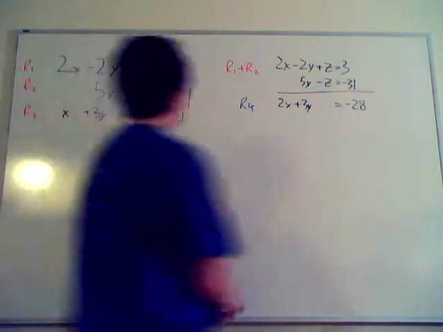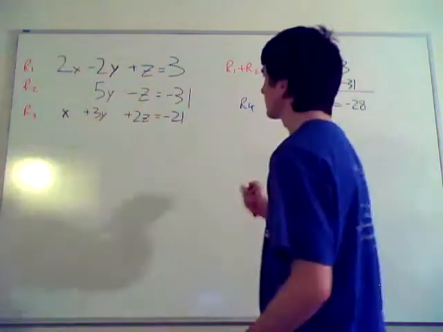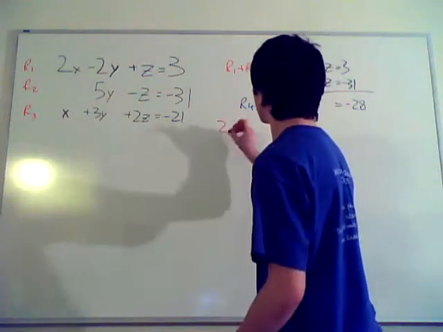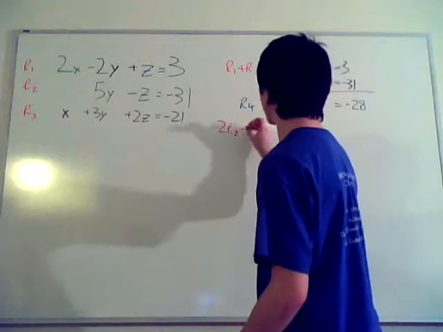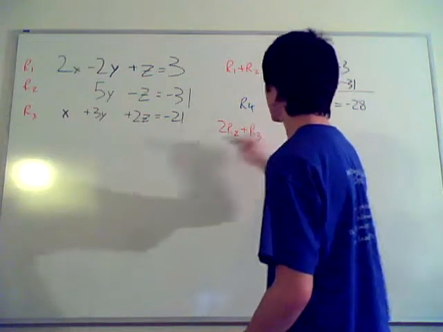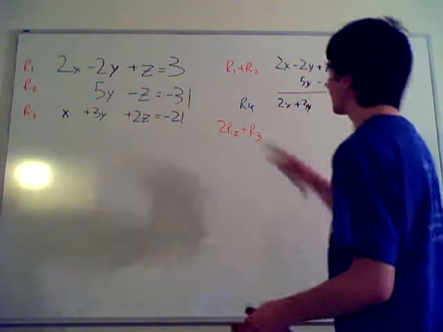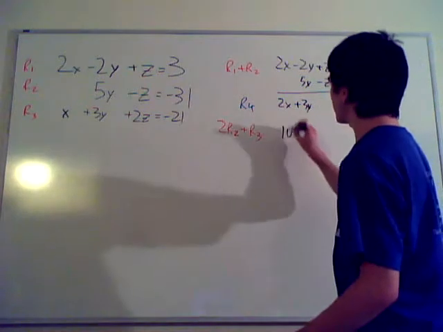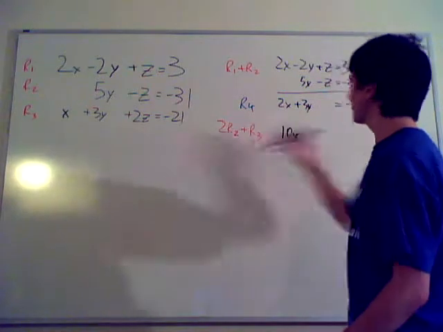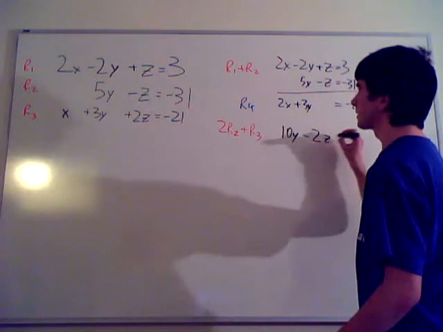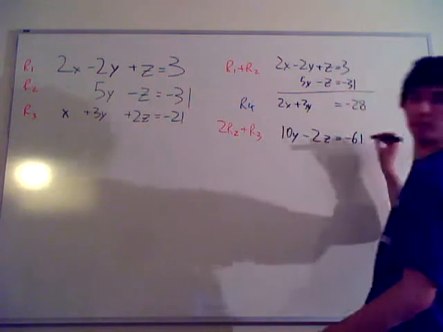So if we do that, I'm going to write it out: 2R2 plus R3, which means 2 times row 2 plus row 3. So now, that gives you 10y, remember we're multiplying by 2, minus 2z equals negative 61.